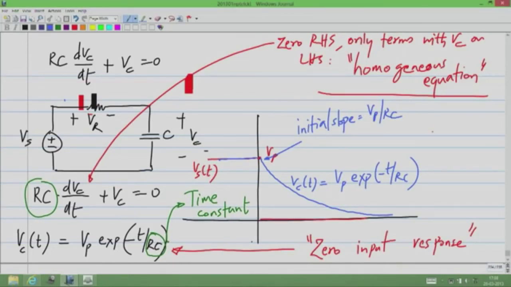Now at t equals Rc, what is the value of Vc? What is the value of Vc at t equal to Rc? Please try to calculate this.